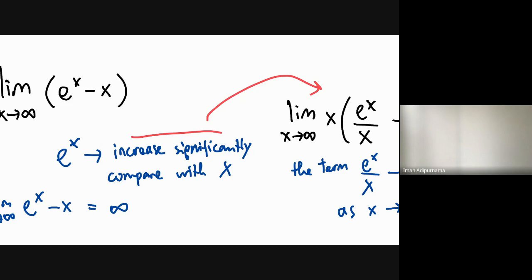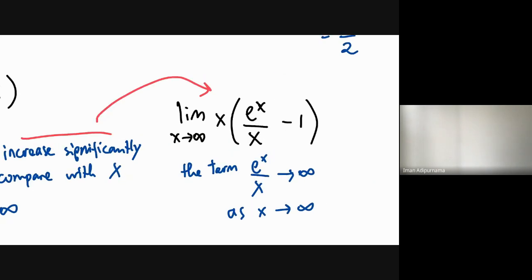Or you can check when you factor out the x, you will see that this is growing faster, going to infinity, and you have x approaching infinity. Of course, this will result in infinity.